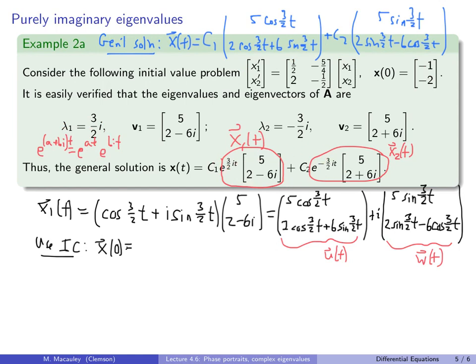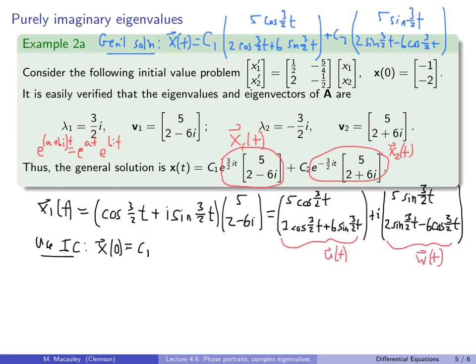So x of 0 equals c1 times 1 times 5 minus, is that what I want to do? Now let's plug it into here. It's going to be easier.